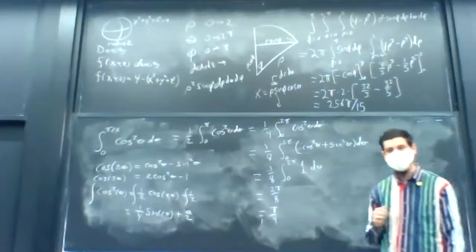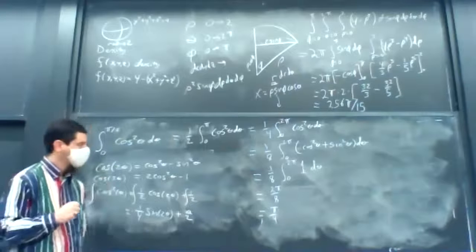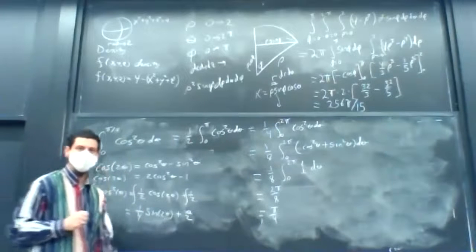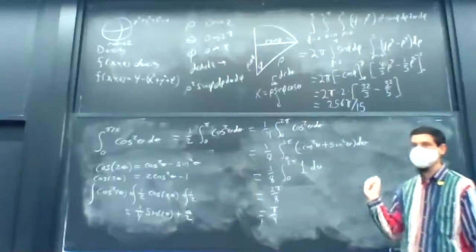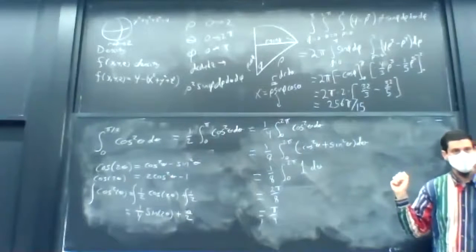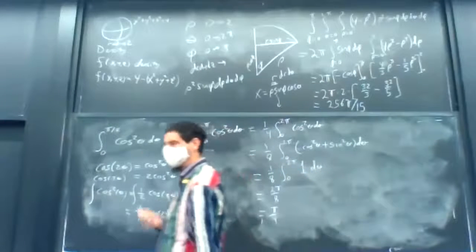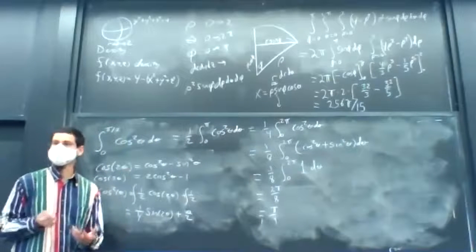We were able to evaluate this without knowing the antiderivative. And this is a technique that's worth having in your wheelhouse. Sometimes, if I give you an integral over a nice region, you can actually find the integral without knowing the antiderivative. In general, we like to use the fundamental theorem of calculus.